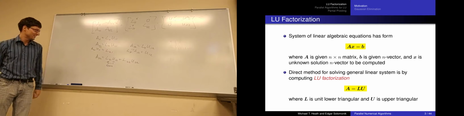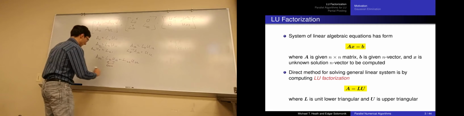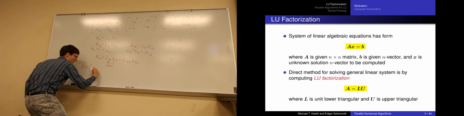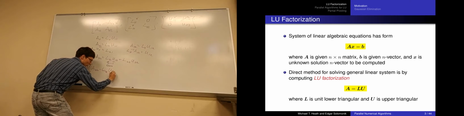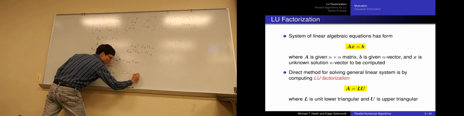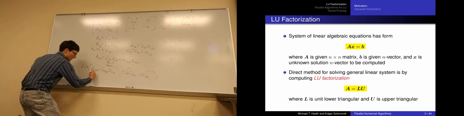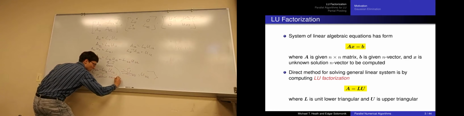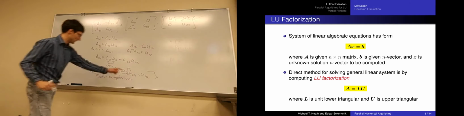Find the LU factorization of A22 minus L21 U12. Right, so we want to factorize A22 minus L21 U12, which will give us L22, U22. So this is the Schur complement. I usually say Schur complement update.